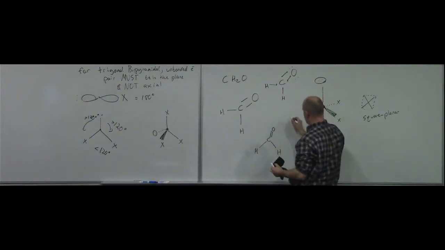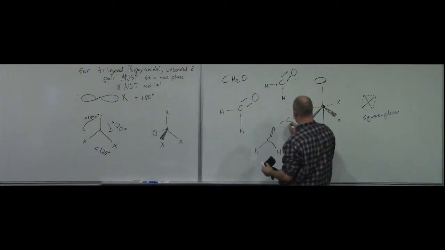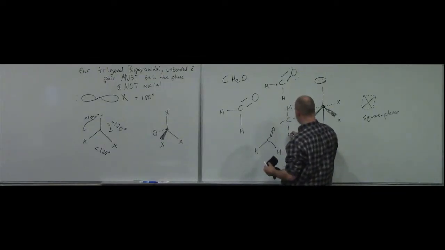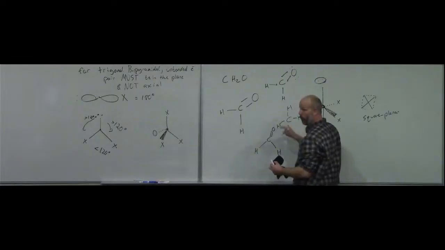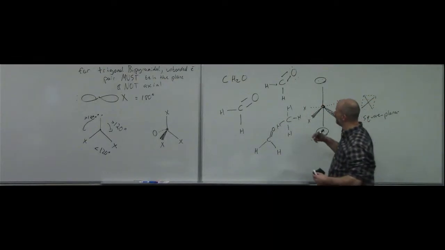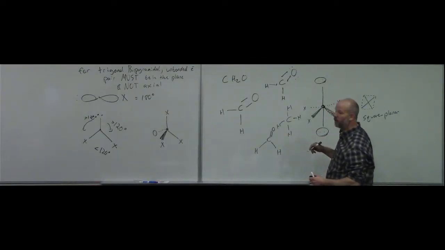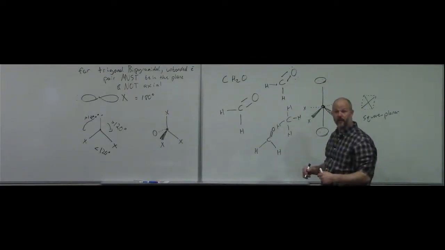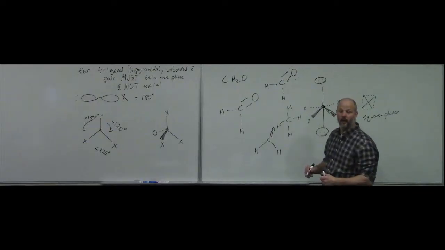Whereas if I were doing methane, then it would be 1, 2, 3, 4. Okay, so it's kind of trigonal planar. Yeah, exactly. But the lone pairs of electrons on the oxygen don't affect the angles.